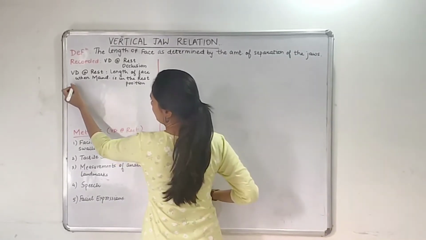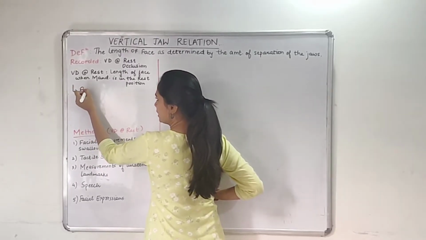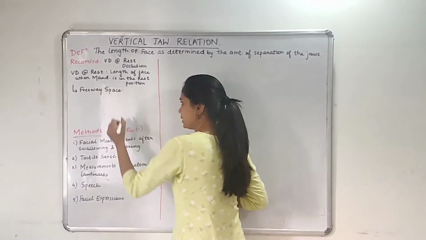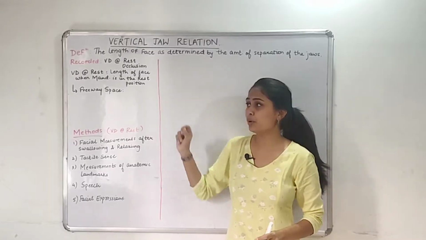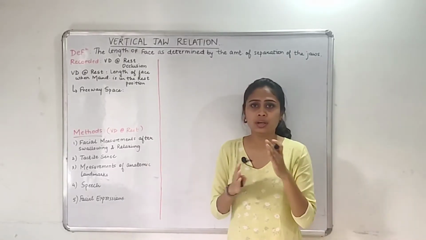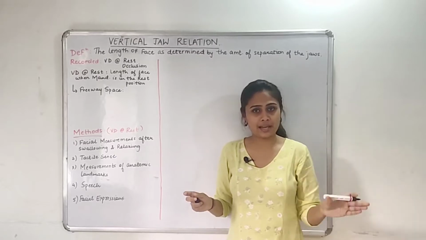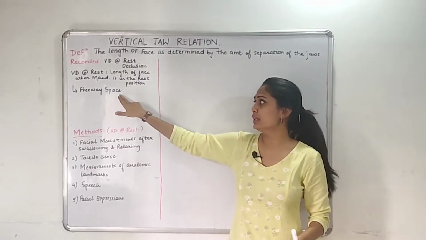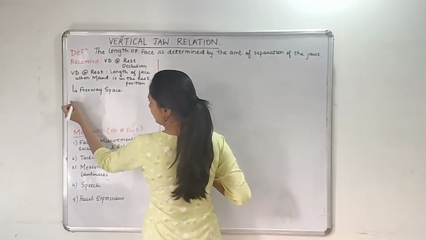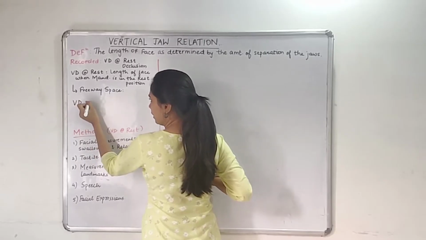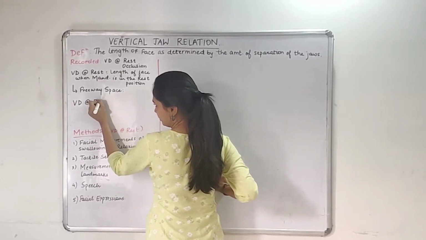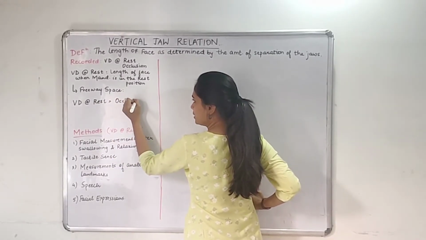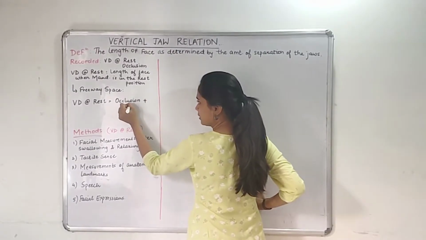So here I'll just mention one point in vertical dimension at rest, that is freeway space. And why do we have to study the freeway space? This is a very important thing to understand, because whenever we have to make a bridge between vertical dimension at occlusion and vertical dimension at rest, we have to incorporate the freeway space. So here we can say that vertical dimension at rest is equal to VD at occlusion plus the freeway space.